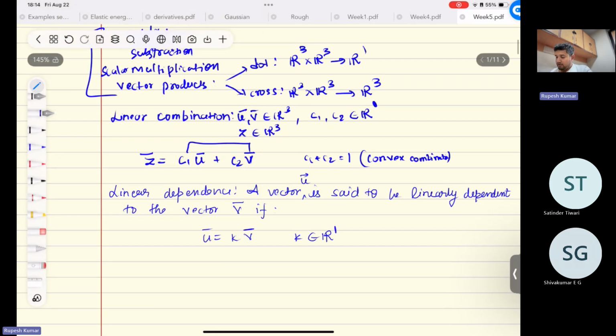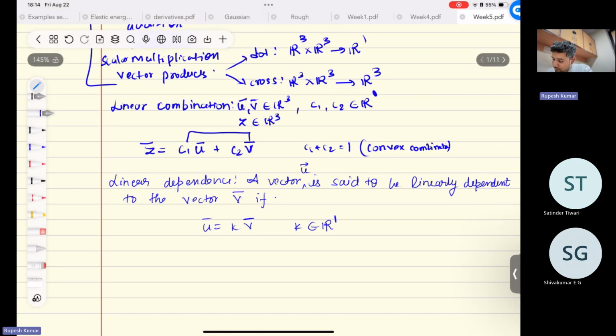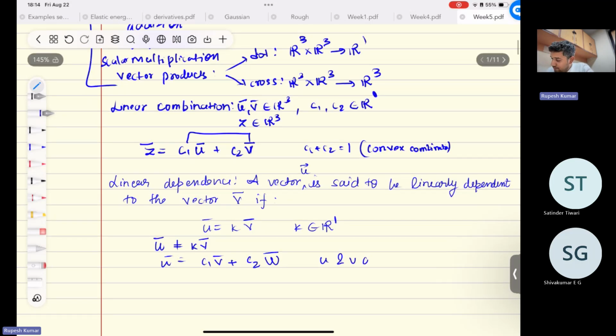And similarly, if you can't say that u equals k times v, basically if u equals c1 v plus c2 w with at least one non-zero vector and non-zero scalar, then u and v are linearly independent.